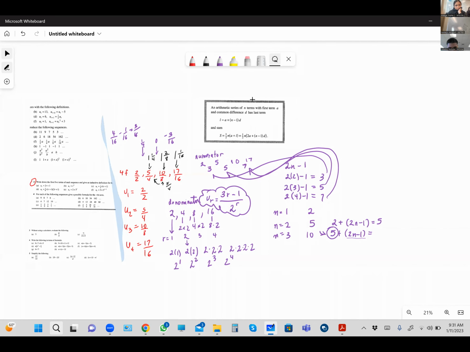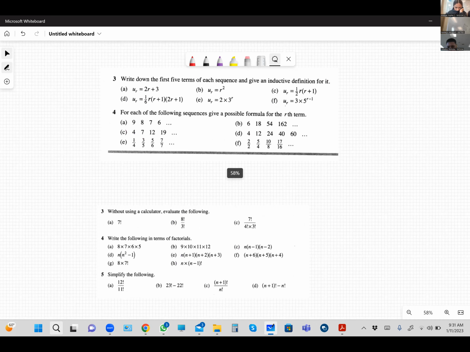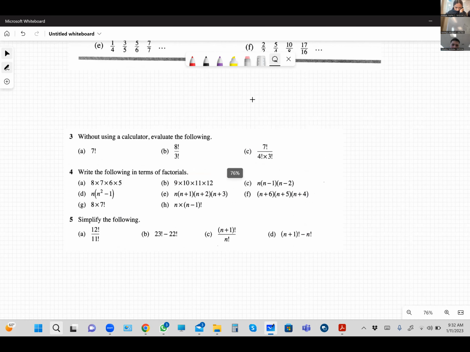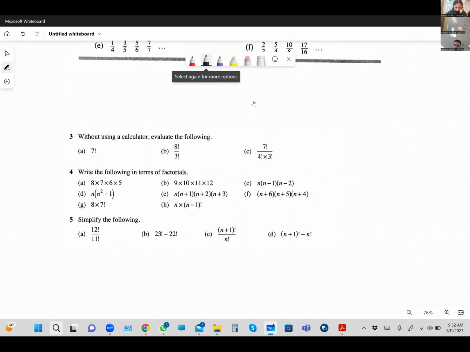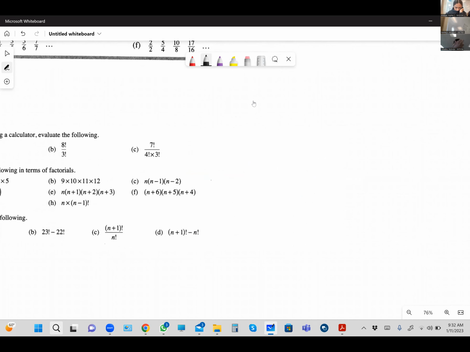Let's go ahead and look at down here. Now, remember that last class I talked about the triangle number sequence, right?